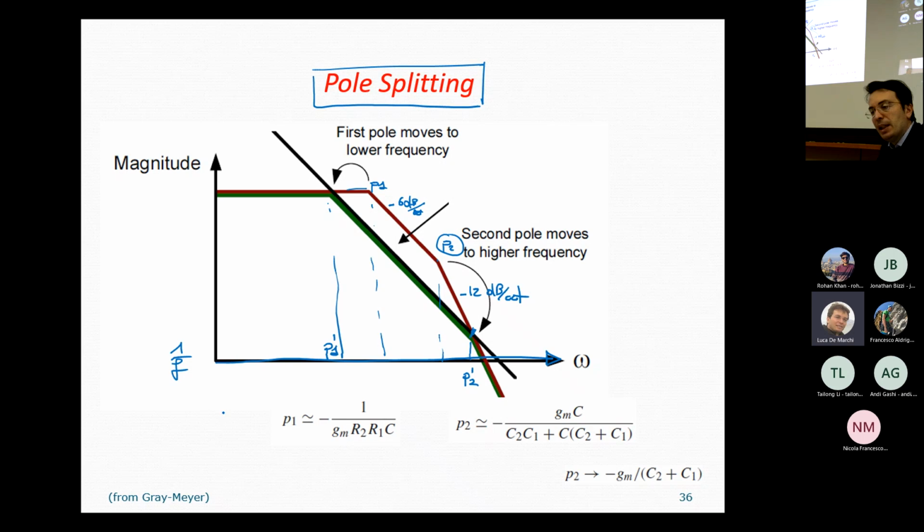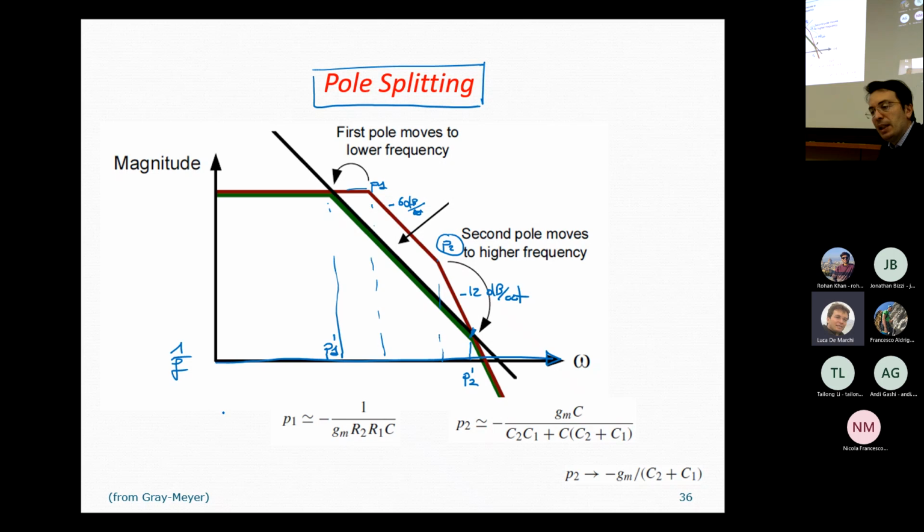Let's start from the red configuration. This is the minus 90 degree, and this is the minus 180 degree line.